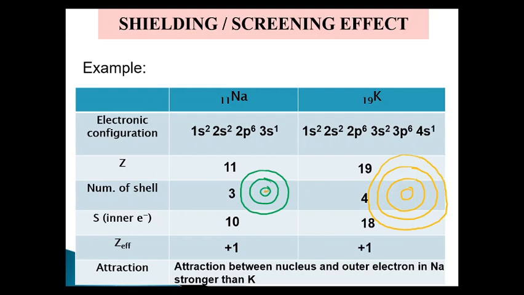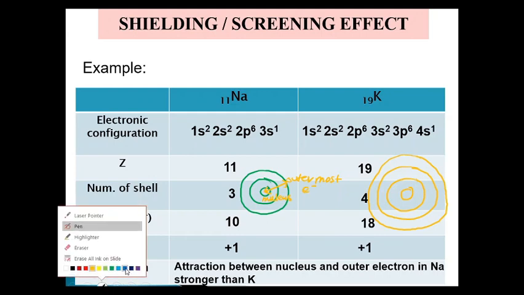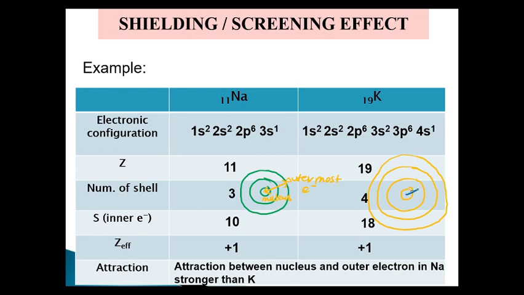So we consider the attraction between the nucleus and the outermost electron. So who will have a weaker attraction between nucleus and the outermost electron? Who has a bigger gap?